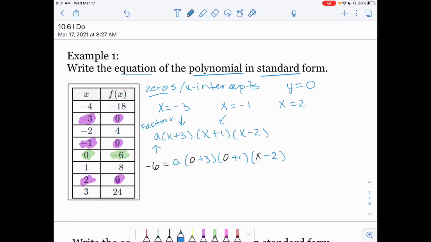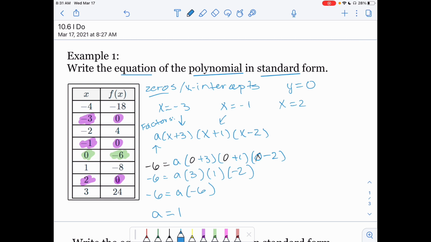Now we're going to evaluate and solve for a. 0 plus 3 is 3, 0 plus 1 is 1, 0 minus 2 is -2. So I'm going to multiply and see -6 equals a times -6. I divide and see that a equals 1.